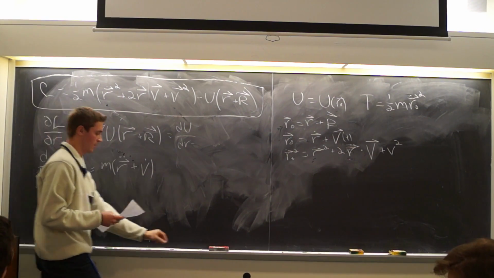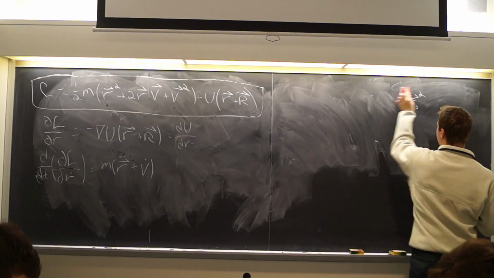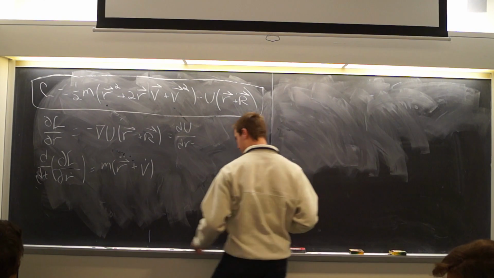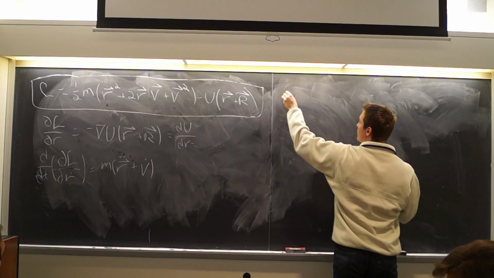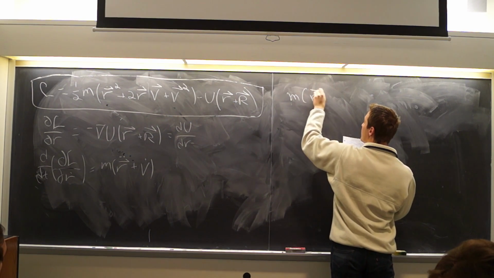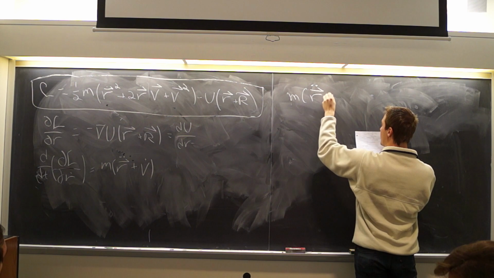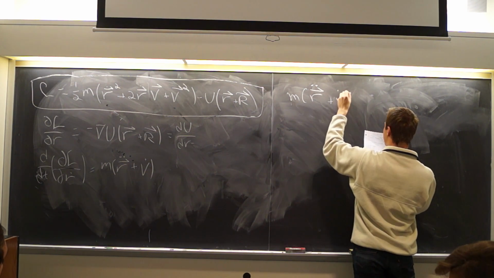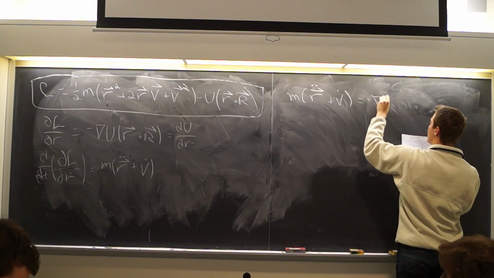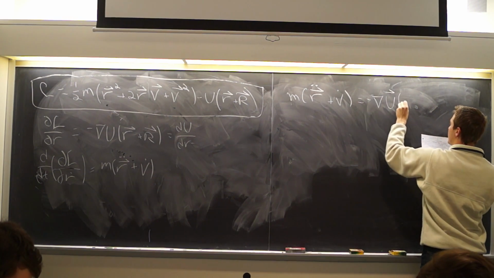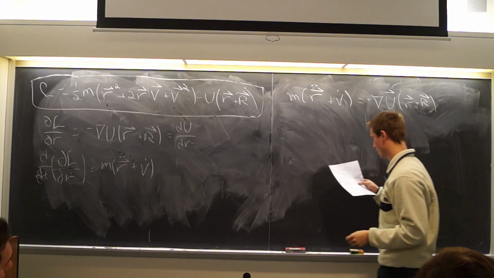Over here, we get the result that m times R double dot plus V dot is equal to the negative gradient of the potential of this R plus big R vector.